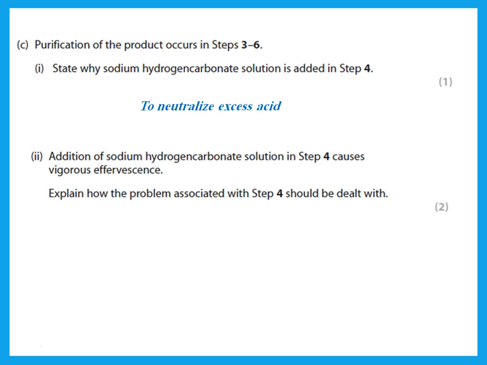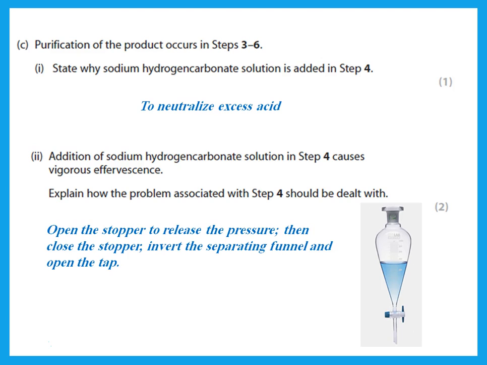Explain how the problem associated with step 4 should be dealt with. Remember, he was doing all of this in a separating funnel. If I have in my separating funnel something that gives out a lot of gas, I should, first of all, when it is upright, remove the stopper. So this releases any gas or pressure that has built up inside the separating funnel.